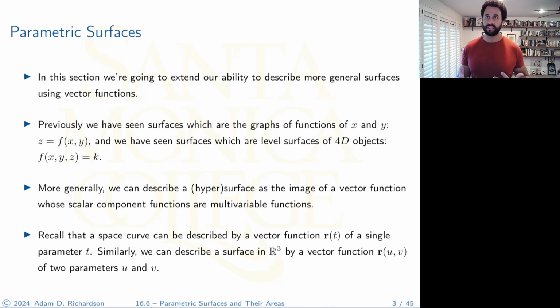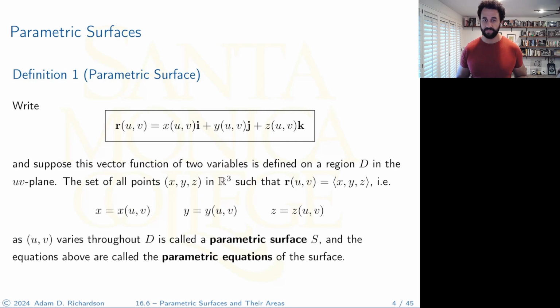Because a surface is two-dimensional, we essentially need two variables to describe the surface itself. So what we're going to do instead is create a vector function of two variables, and our parameters are going to be u and v, and the thing that is described by this vector function is going to be a surface in R3. That's the basic idea.